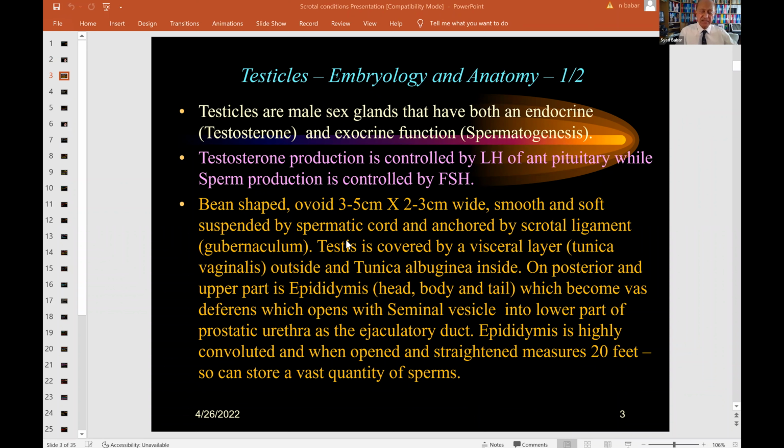Now, in the part of the testicle where there are organs which produce sperms, these are always under congestive pressure.